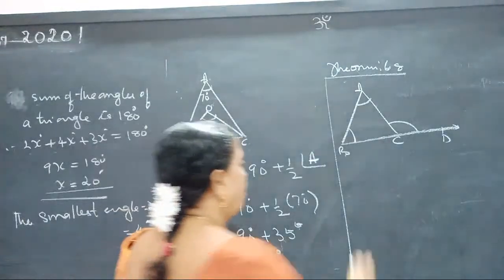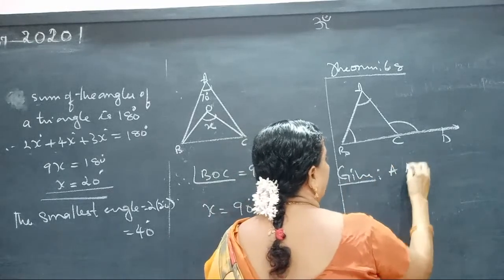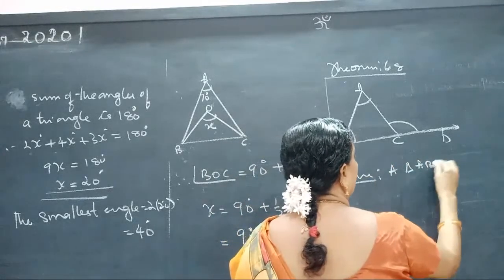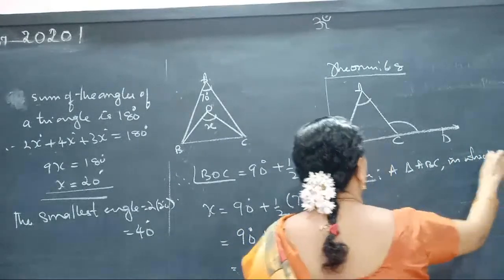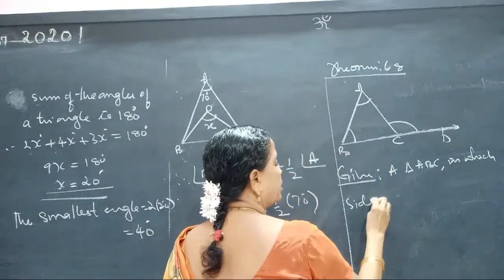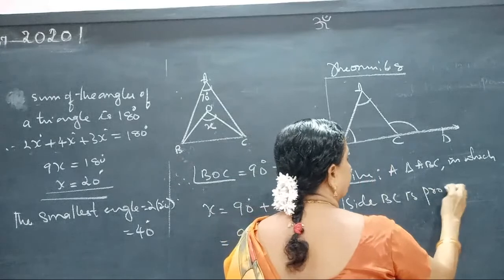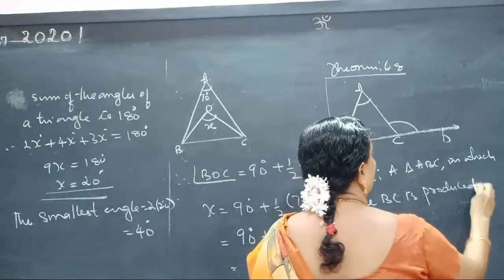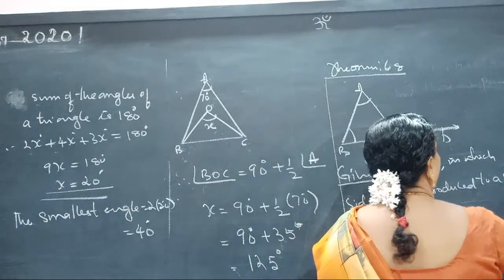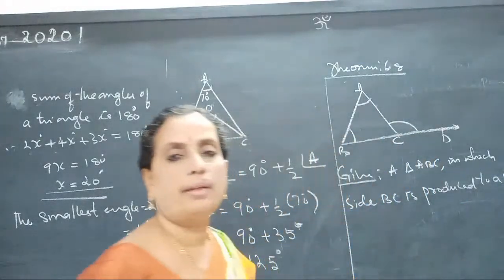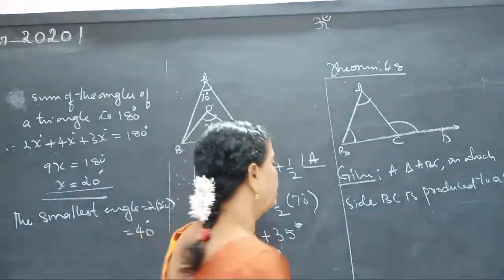What is given? Given a triangle ABC in which side BC is produced to a point D. When it is produced, then the angle formed, we call it as an exterior angle.